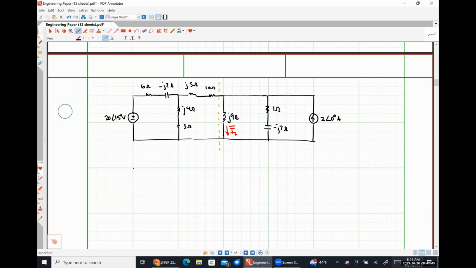So when I disconnect that bit, I'm going to have 20 angle 15 degrees volts, 6 minus j2, j4, 3 ohms, j5 ohms, 10 ohms, and there's my set of terminals.